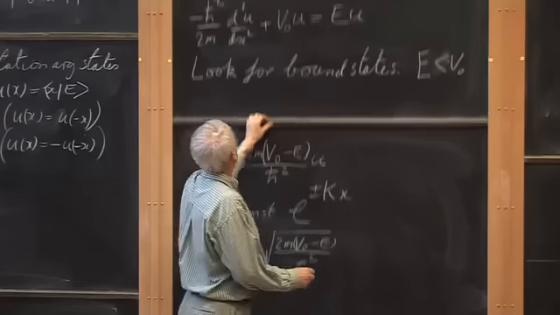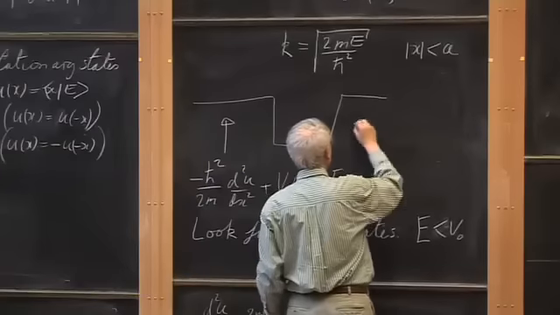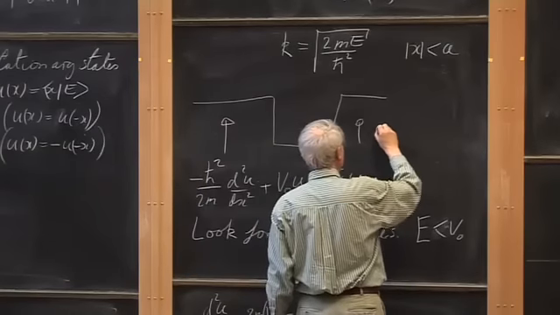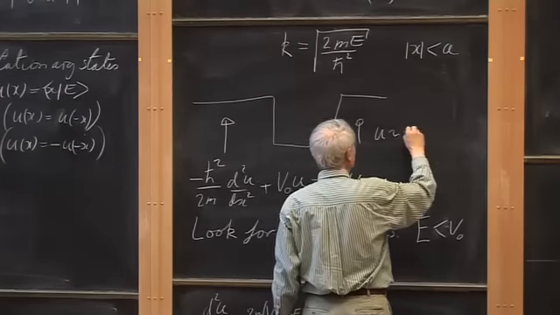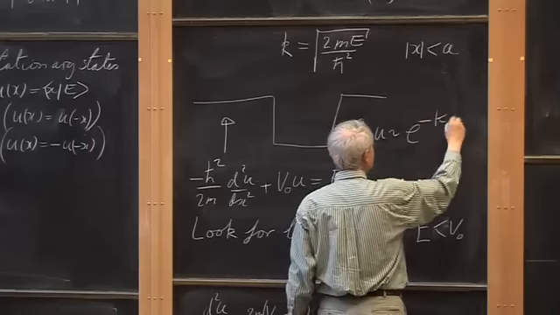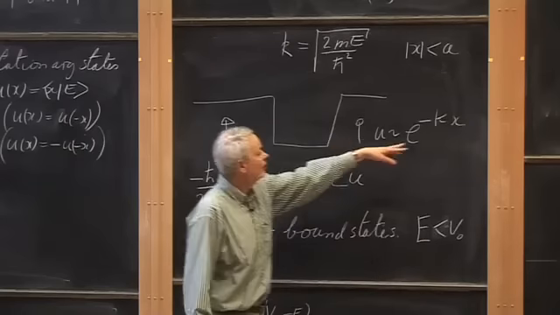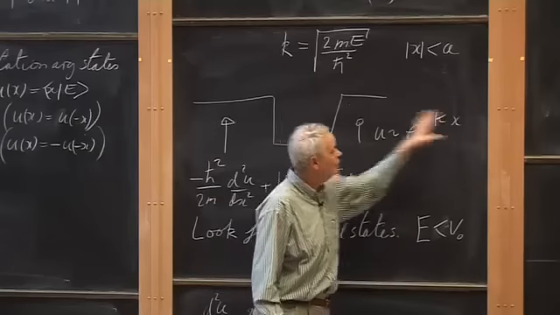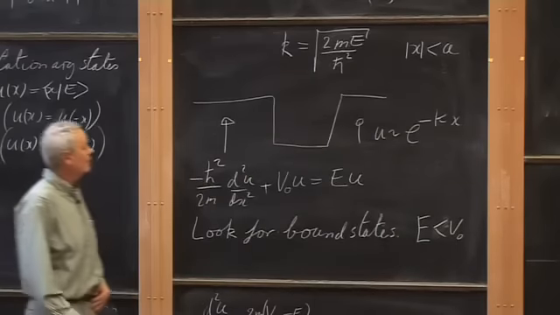So the consequence is that in this zone here, we take u proportional to e to the minus Kx, because x is positive over there, and that means the bigger x gets, the smaller the wave function becomes.